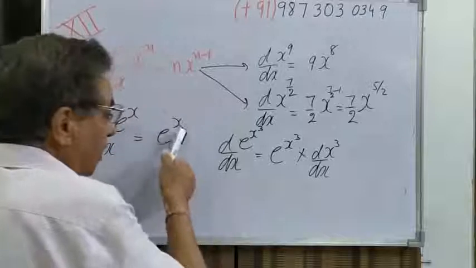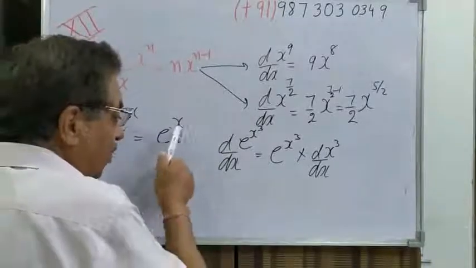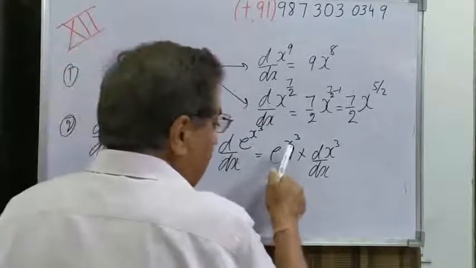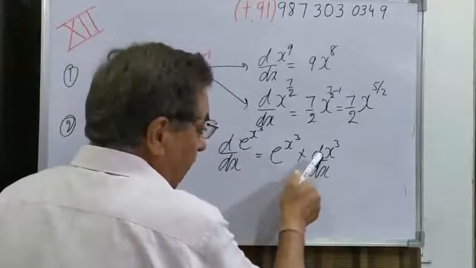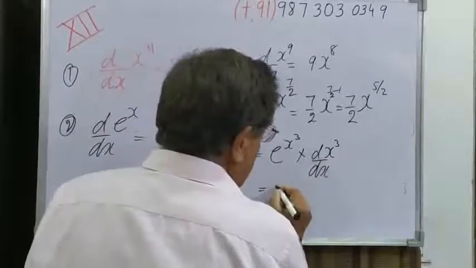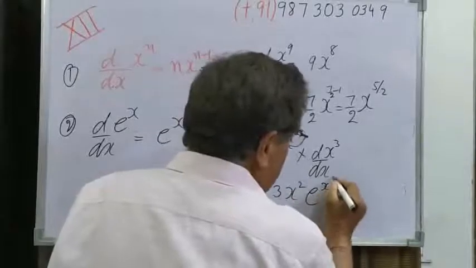Then x cubed gives us 3x squared. So ultimately the answer comes to be 3x squared e to the power x cubed.